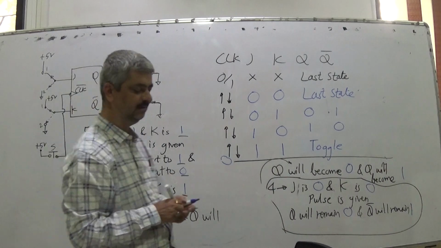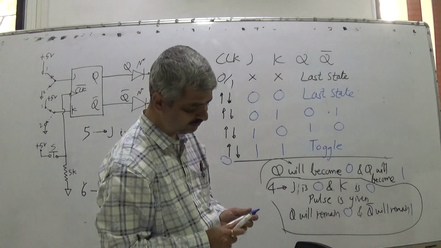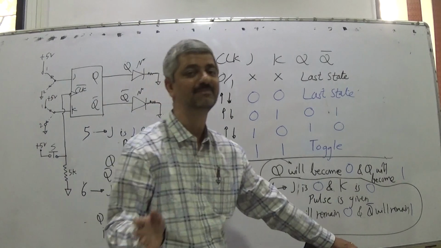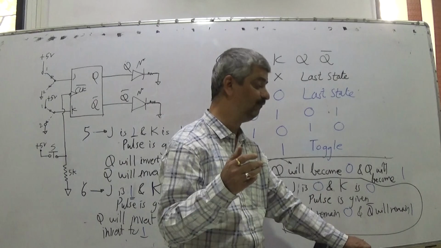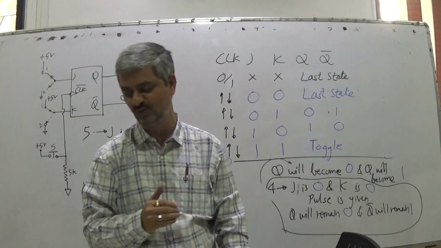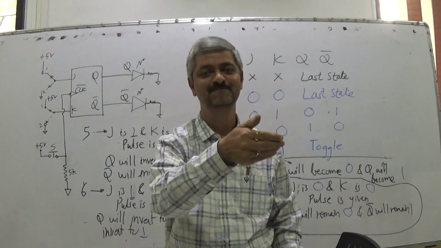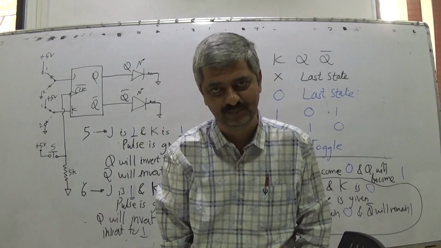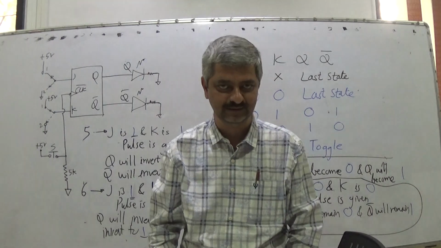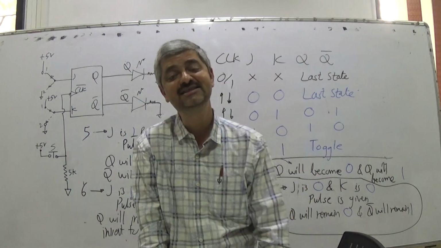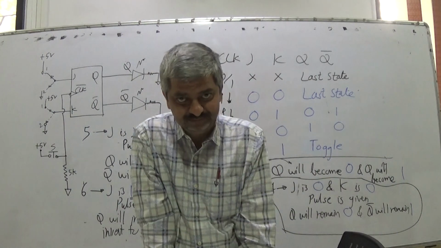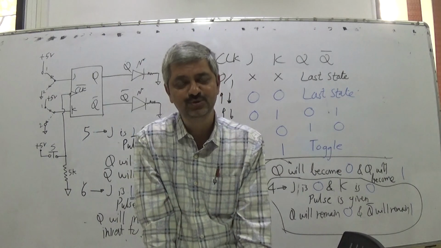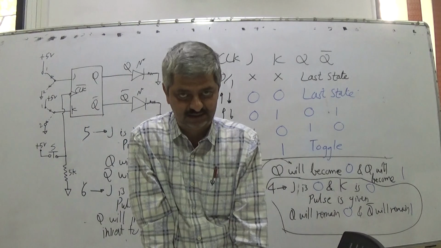So in case of input 0 0 and 1 1, both outputs are possible depending upon the last state. But in case of input 0 1 and 1 0, they set or reset. Input 1 0 sets the flip-flop, Q becomes 1. Input 0 1 resets the flip-flop, Q becomes 0. Input 0 0 maintains the last state. Input 1 1 toggles the last state.